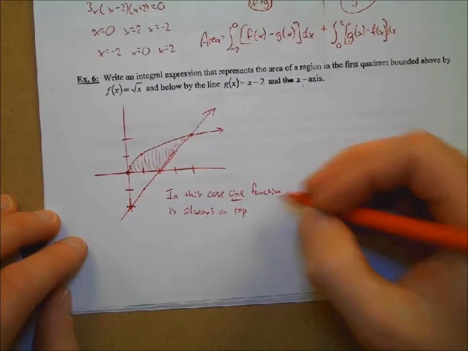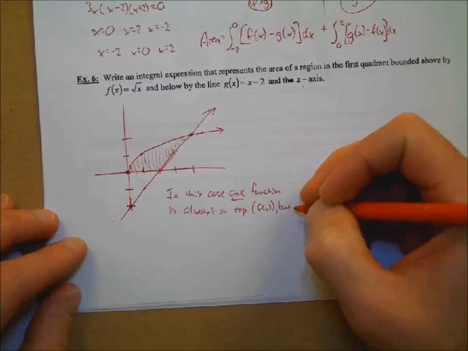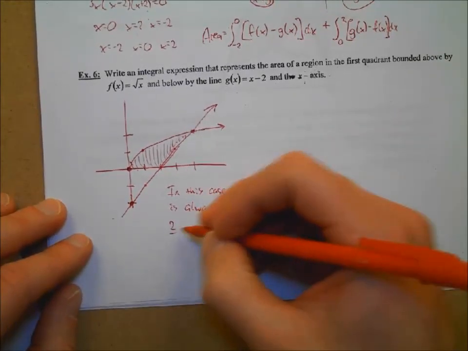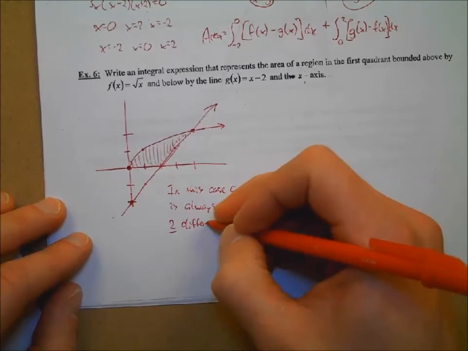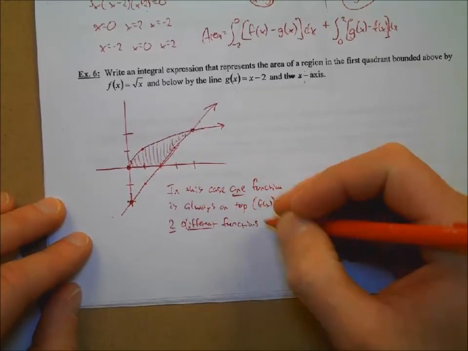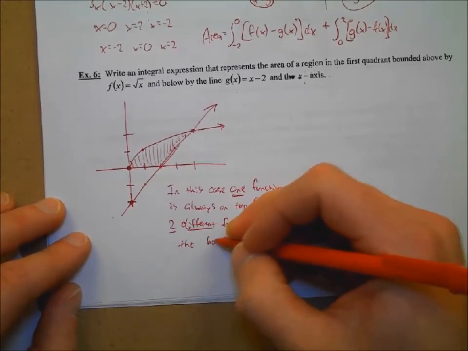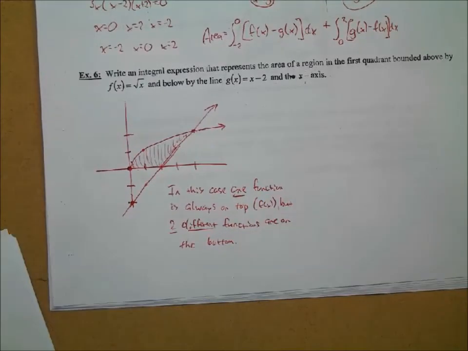F of x. But two different functions are on the bottom. What are our two different functions that are on the bottom?